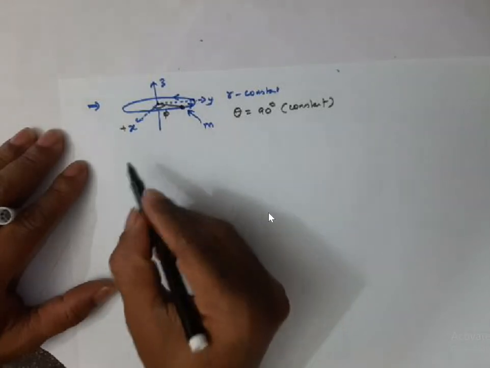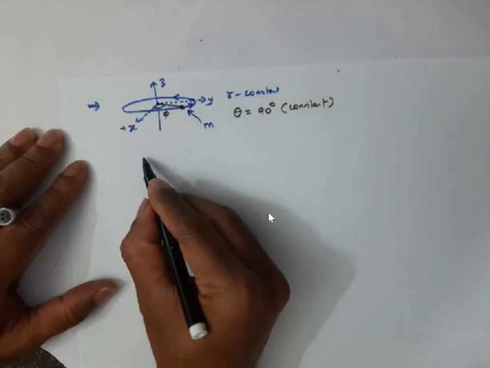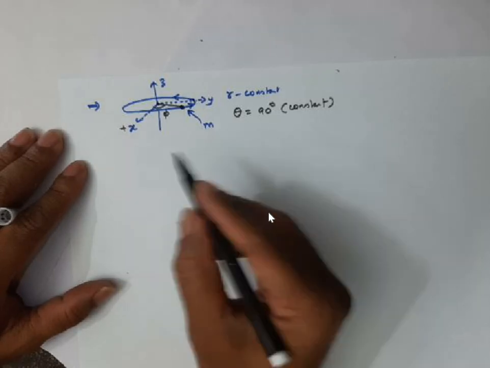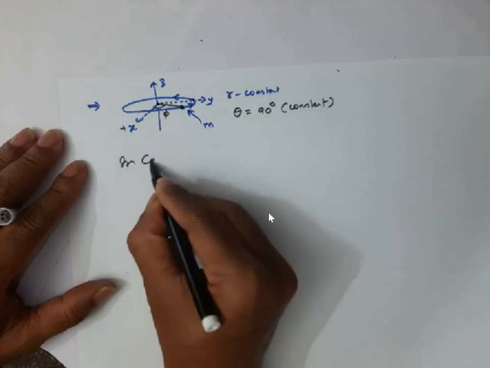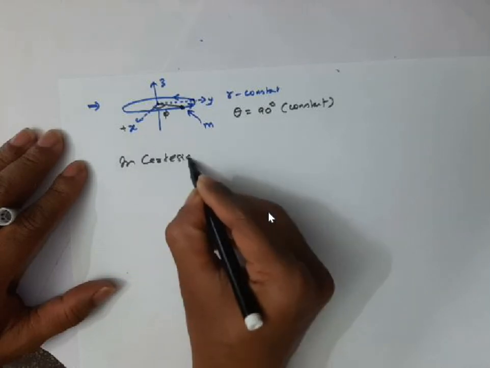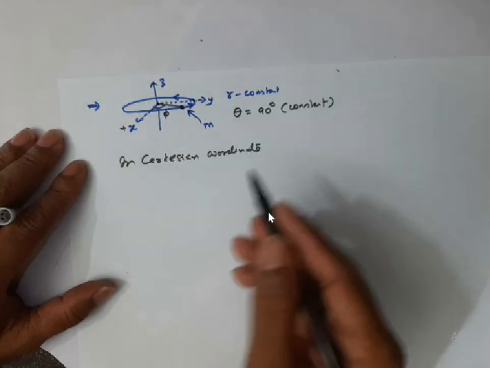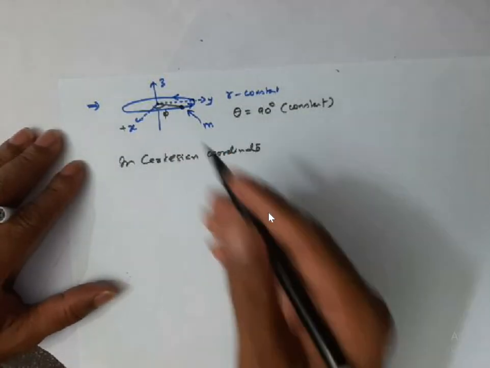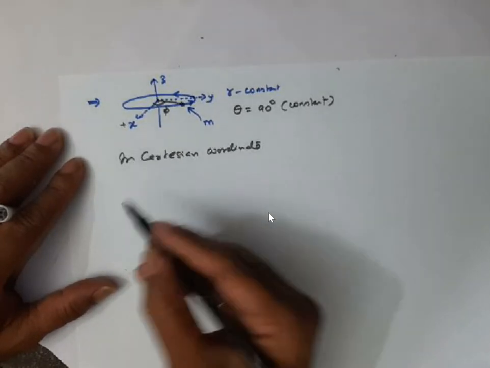In this case, you can write the function depends on two coordinates x and y in Cartesian coordinate. So in Cartesian coordinate, we represent the movement of the particle in terms of x and y.